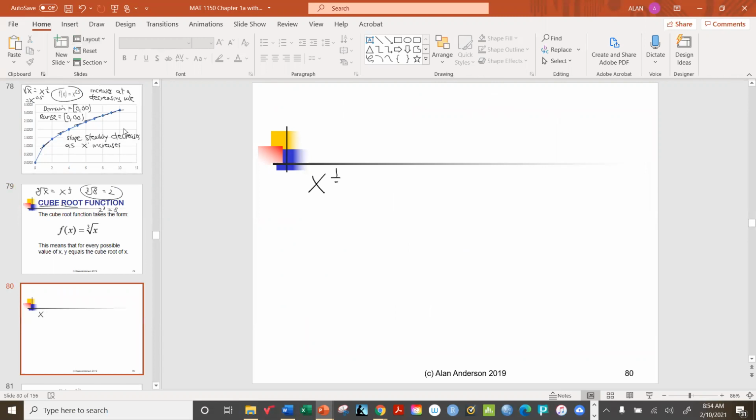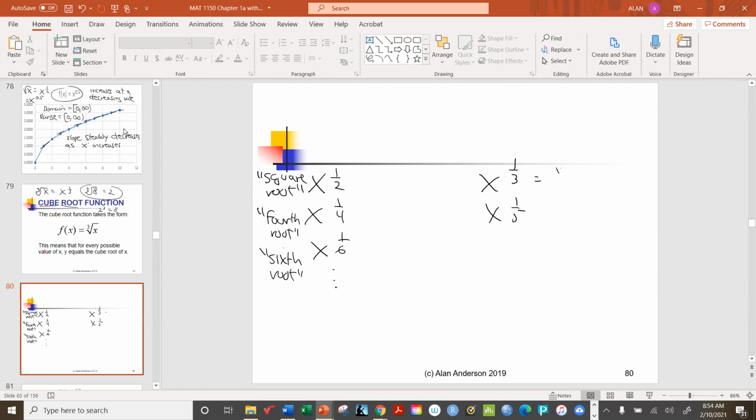X to the 1/2, which is, of course, the square root of x, x to the 1/4, which, by the way, is often referred to as the fourth root. X to the 1/6 is called the sixth root, et cetera, et cetera. Over here, I'll have x to the 1/3, x to the 1/5. This first one is obviously the square root, but you could also call it the second root if you wanted to.